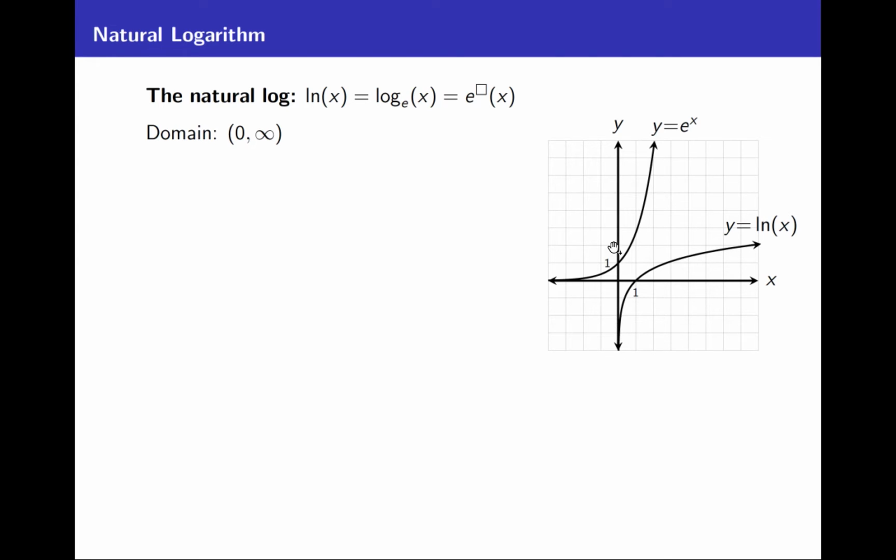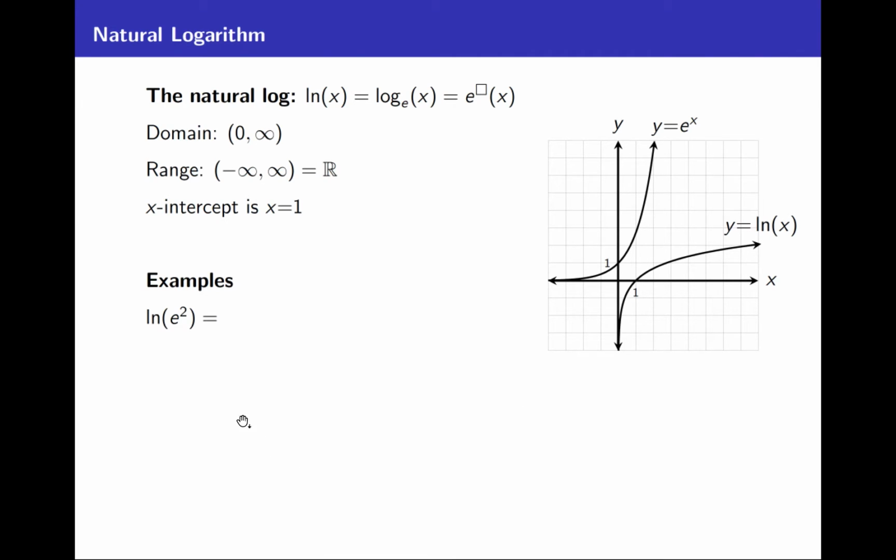What about the range? That's all of the outputs you could get for ln of x, and that's going to be the domain of its inverse, e to the x. So its range is the set of all real numbers. Like any logarithm function, the x-intercept is 1.